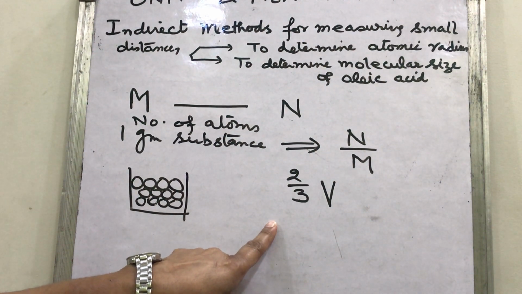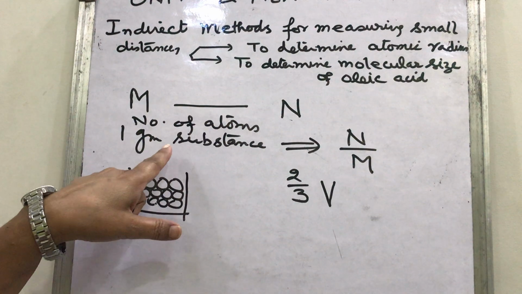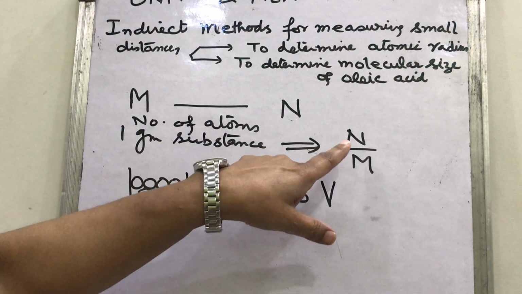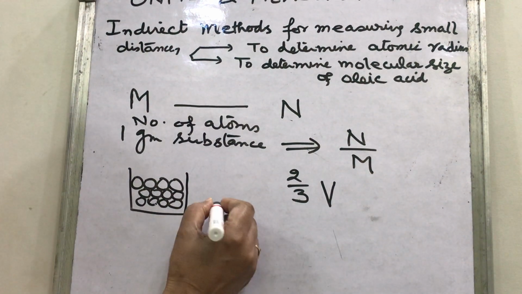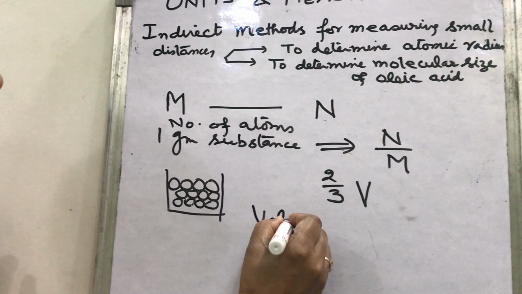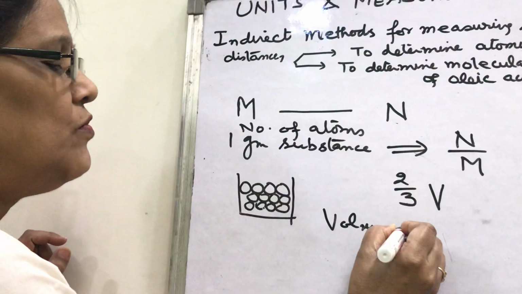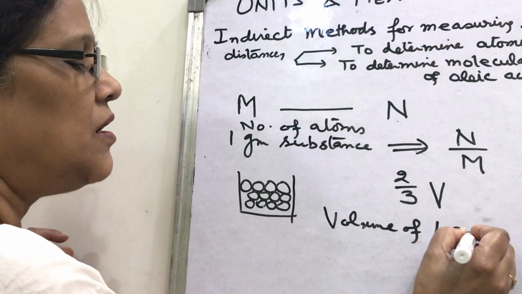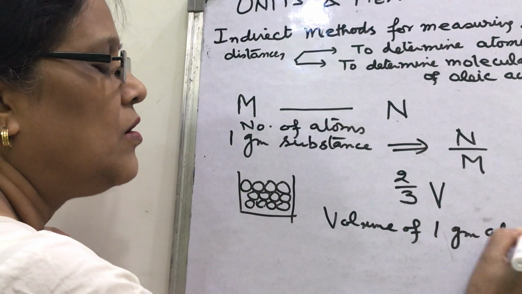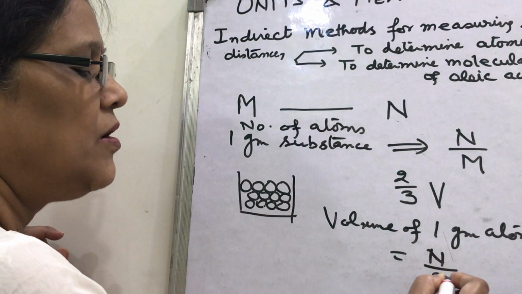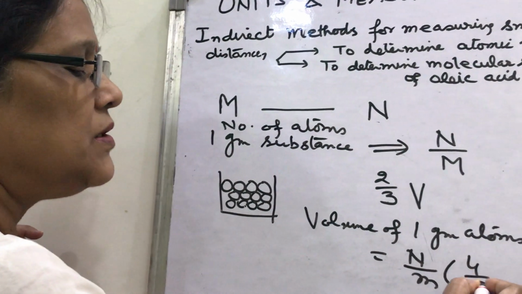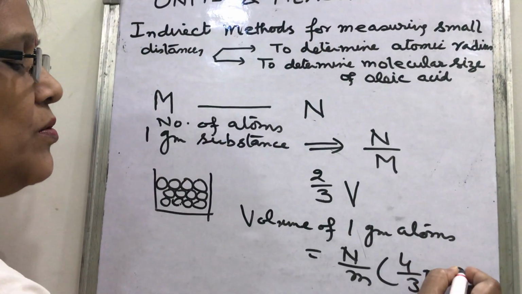So, volume of 1 gram atom, number of atoms, suppose you have taken n by m in 1 gram, then how will you write volume of 1 gram atoms? What will you write here? This n by m into 4 upon 3 pi r cube.